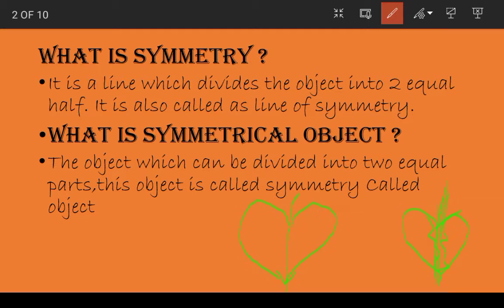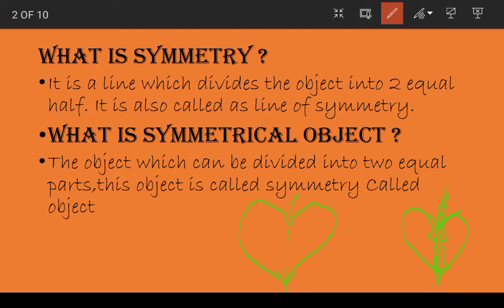Now we are going to understand the object. What is a symmetrical object? The object which can be divided into two equal parts is called a symmetrical object. What do we mean by object? Object means the type of material on which we are working.